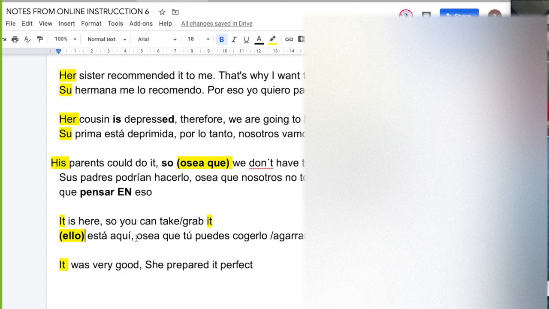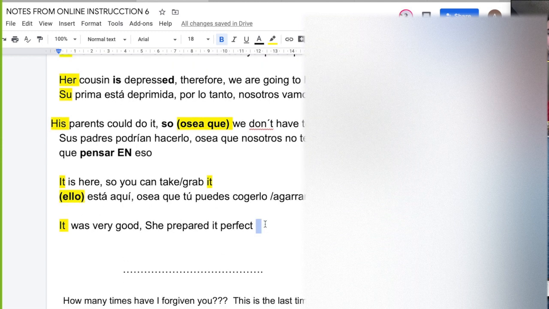We say está aquí, es bonito, es alto, es tall, es precioso, is beautiful. Está en Seattle. It is in Seattle. We don't say ello está en Seattle, but I need you to see the difference, okay? At the beginning of the sentence, do never put lo. Vale, Finn, el siguiente este. It was very good.